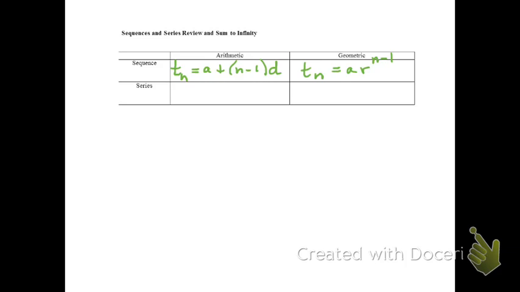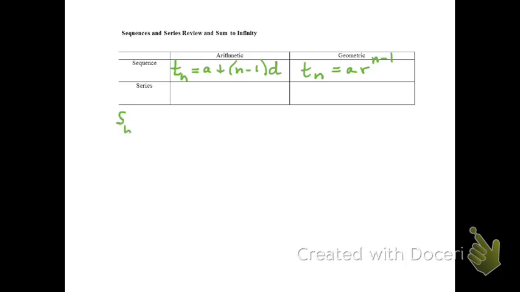For the sum of, or the series, an arithmetic series, there were two formulas. So the first one, and maybe you can fit that inside the box. I'm not even going to try.